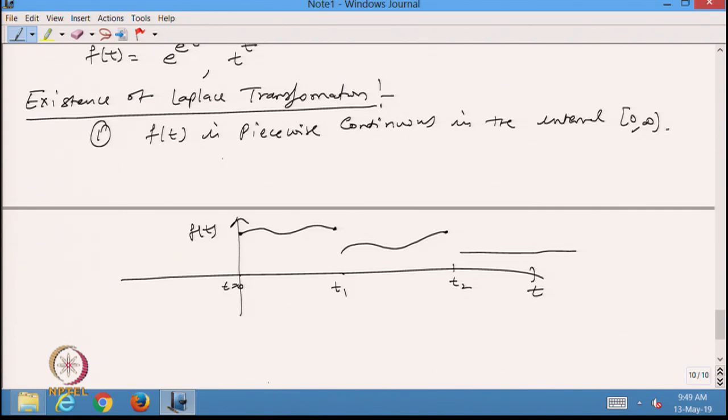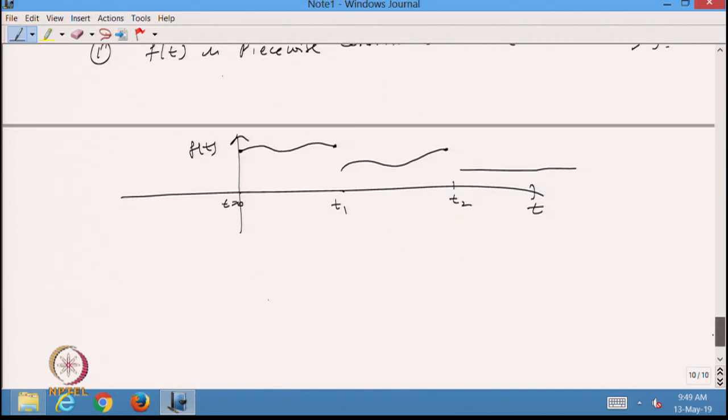So, from here I can say that my function f(t) is this function. Call it f1(t) when t is defined from 0 to t1. At t1 also I am taking this value, so let us take an equal sign here.